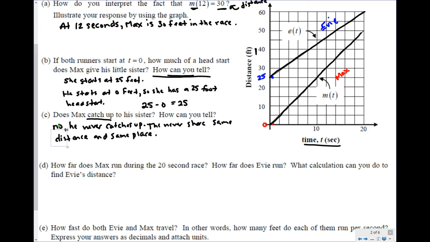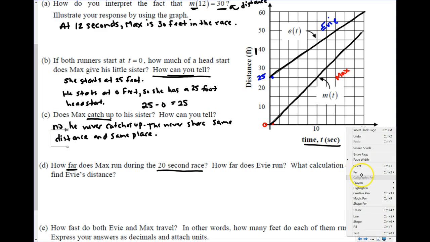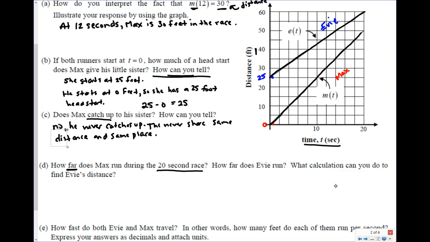How far does Max run? So this says how far, so we're looking at distance. How far does Max run during the 20-second race? So let's look at Max's line. Max starts at 0 feet. And where does he end?